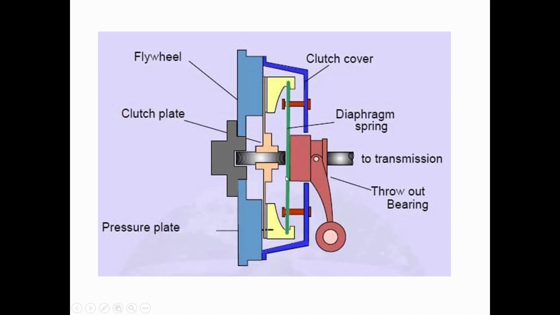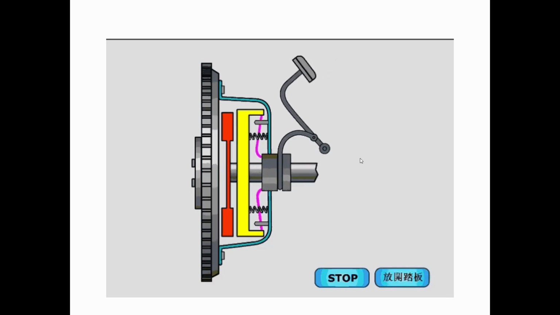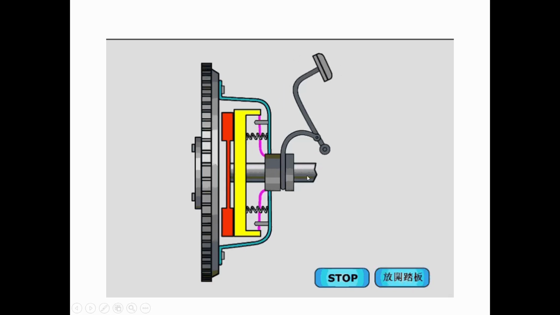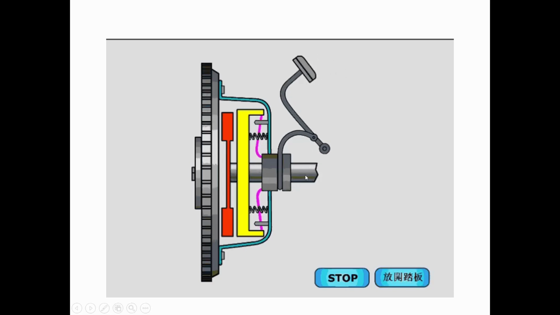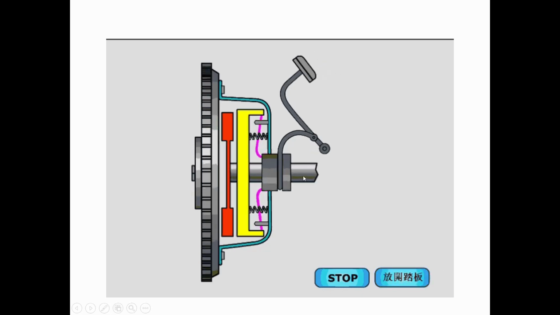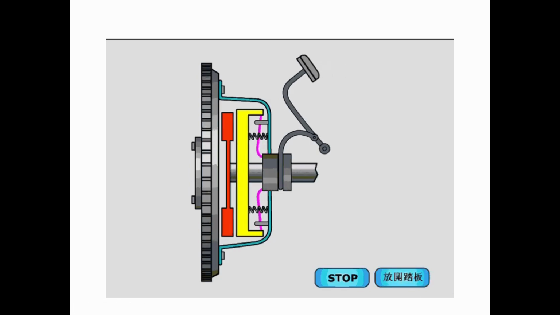The green colored one is the clutch plate, which is directly coupled with the driven shaft, or the transmission. When the clutch is disengaged, the driven shaft will stop its rotation, but in the normal engaged condition, the power from the flywheel will be transmitted to the transmission end, or the driven end.